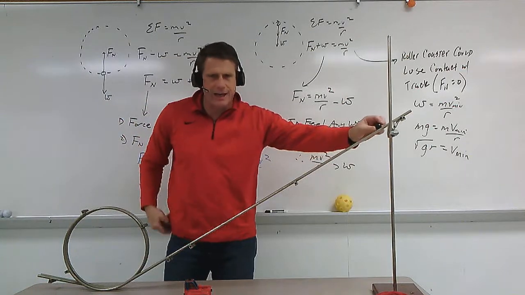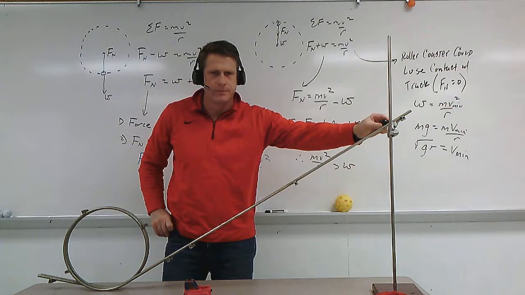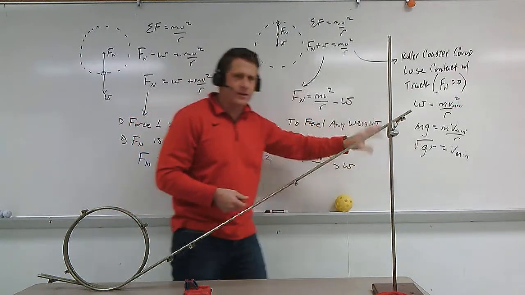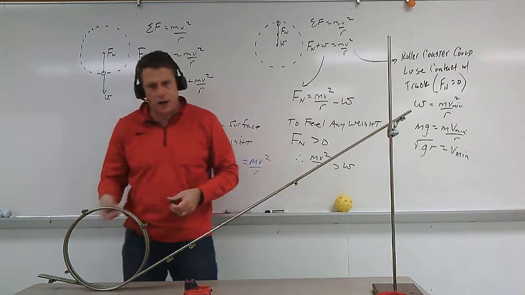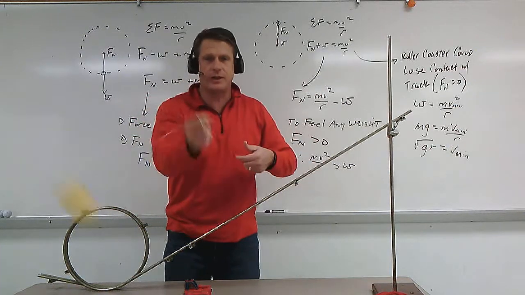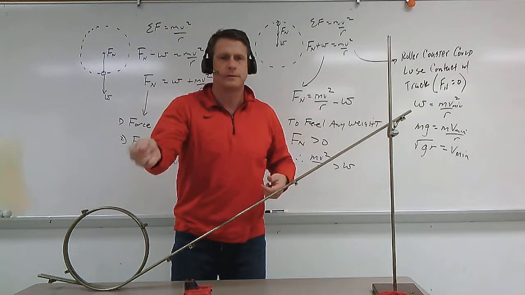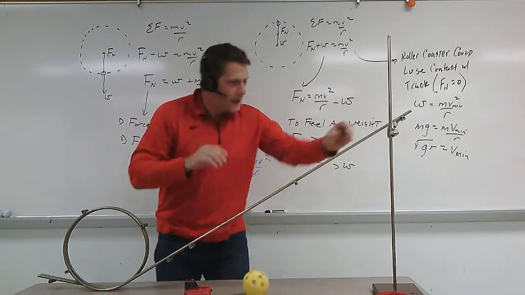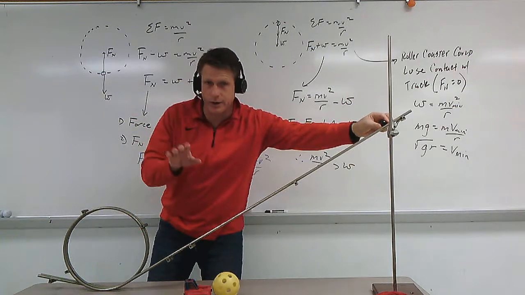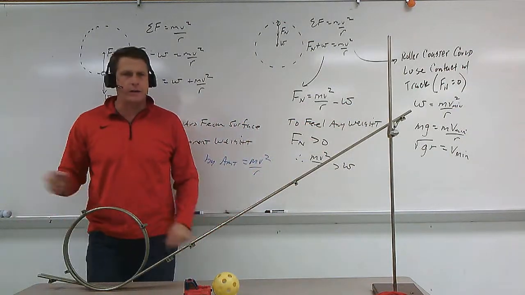If I have this ball and I start it super high, it's going to have a speed greater than this minimum speed, so it will make it all the way around the circle. Again, the equivalent to that is I'm twirling this ball fast enough, it goes all the way around the circle. If this ball rolls down and it's going fast enough, it'll go all the way around the circle and come off the end.